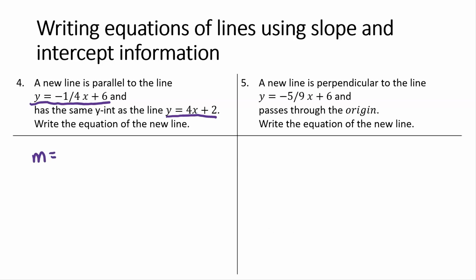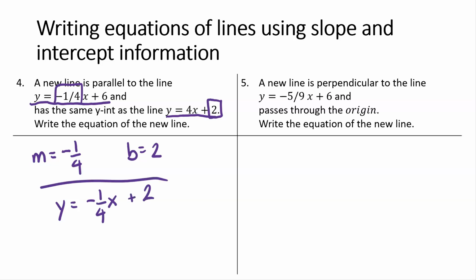If the new line is parallel to the old one, then the new line has the same slope, -1 over 4. If the new line has the same y-intercept as the second line there, given to us, then its y-intercept must be 2. So the equation of the new line must be y equals the slope of -1 over 4, x, plus the y-intercept of 2.